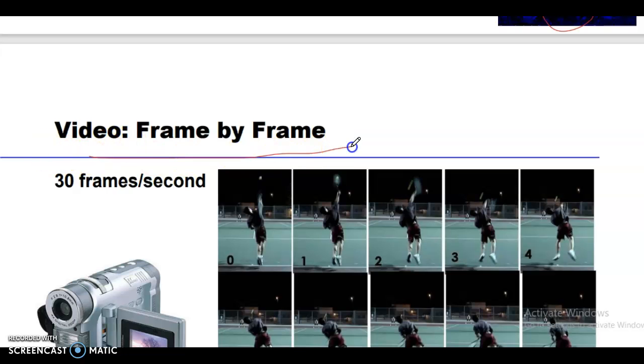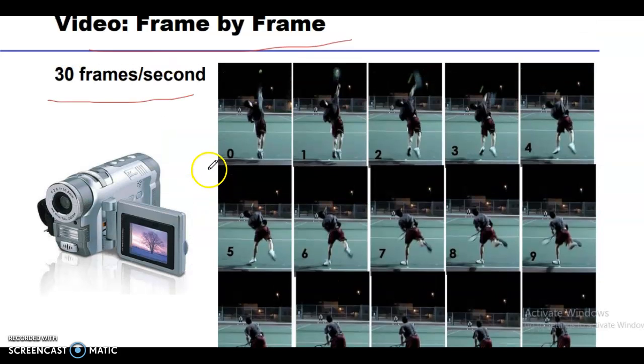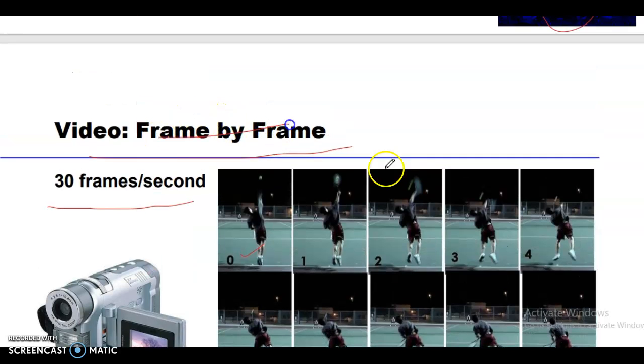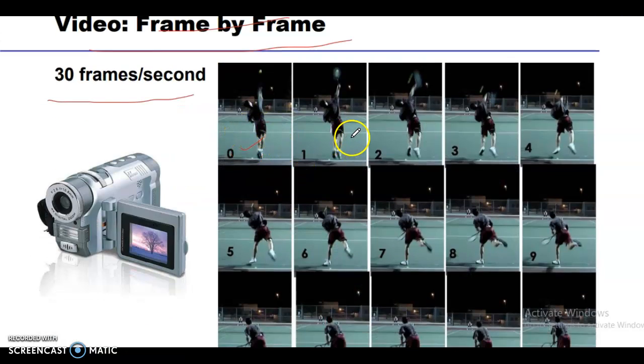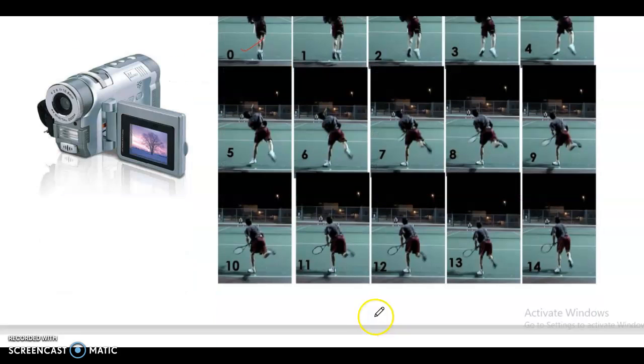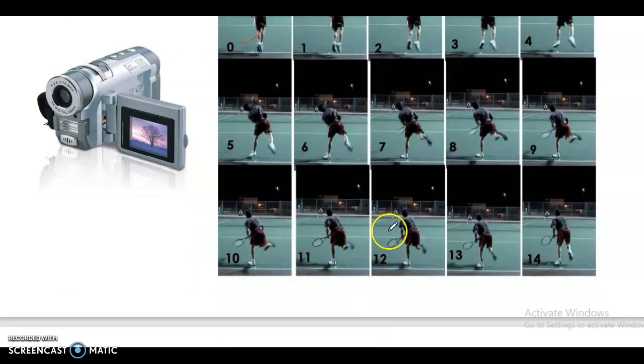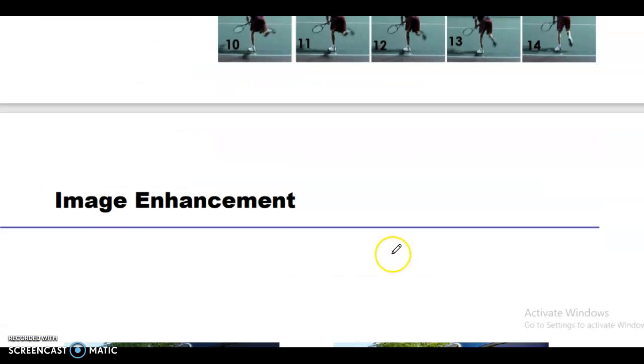Video is frame by frame, 30 frames per second: 0th frame, first frame, second frame, third frame, fourth frame, fifth frame, and so on up to the 14th frame.